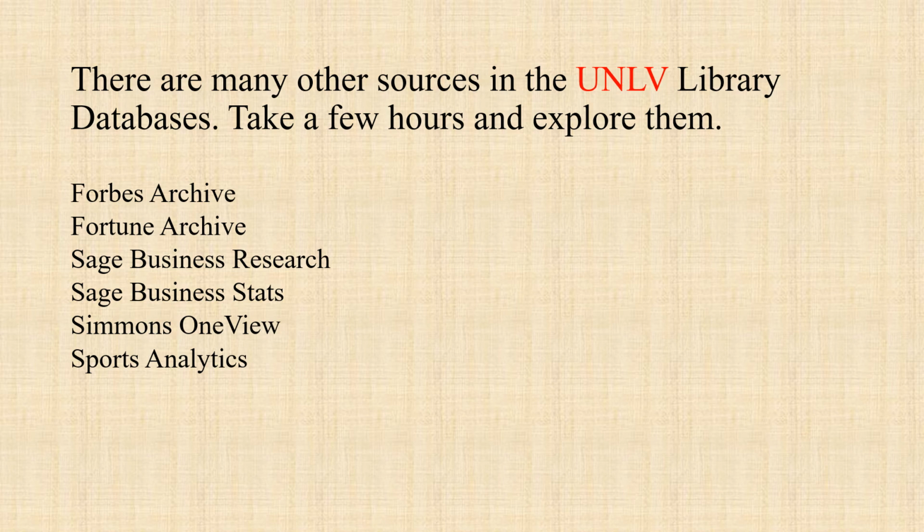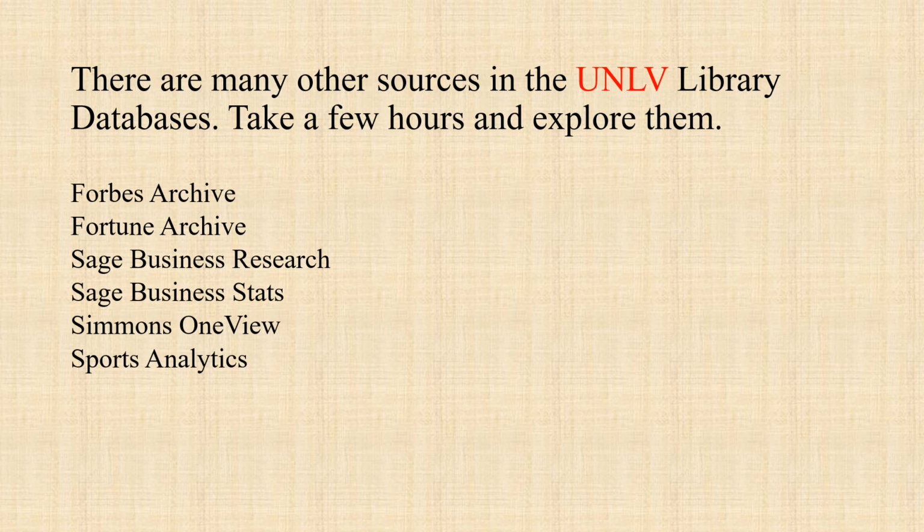So there are many sources in the UNLV library for you to use to find out information about business industries, consumers, competitors, and the macro environment. A couple more that we use occasionally are the Forbes and the Fortune archives, Sage Business Research, Sage Business Stats, and the Sports Analytics database.